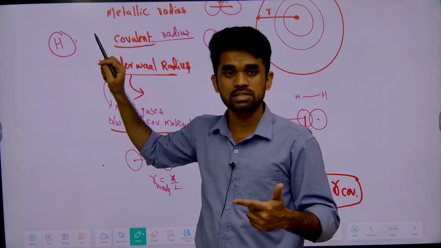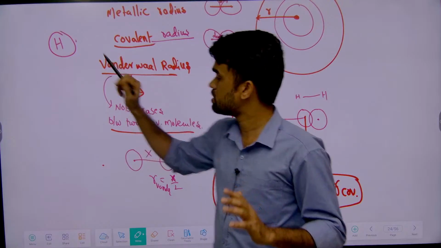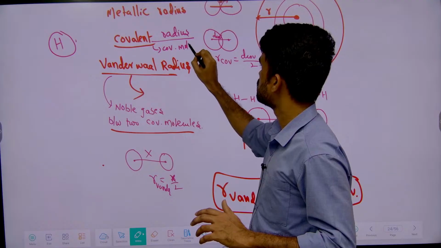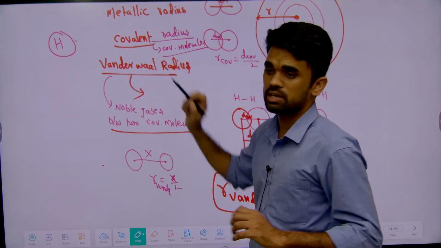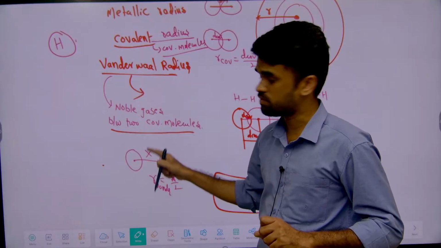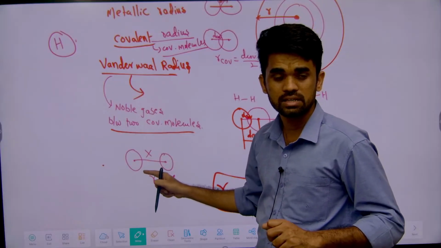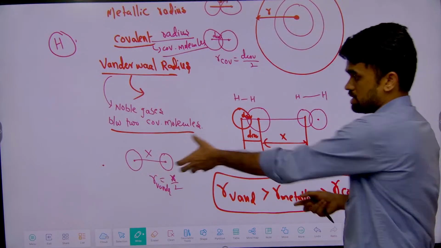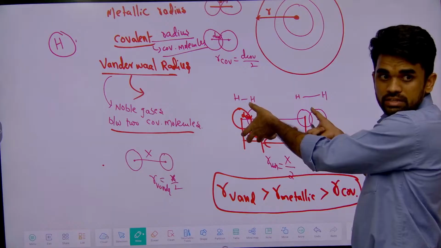Similarly, halogens also use covalent radius. So covalent radius is for atoms in covalent molecules, whereas van der Waals radius is for noble gases as well as between covalent molecules. This is one molecule, the other molecule, like this you can consider.